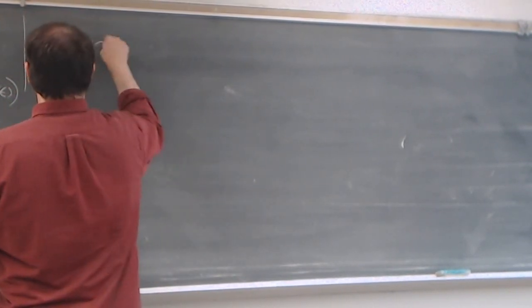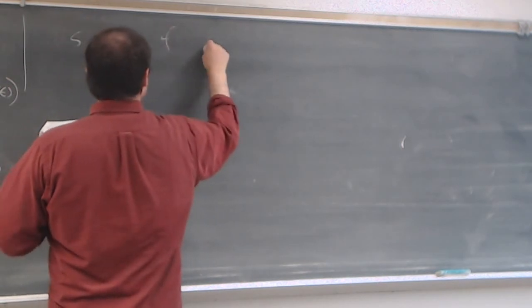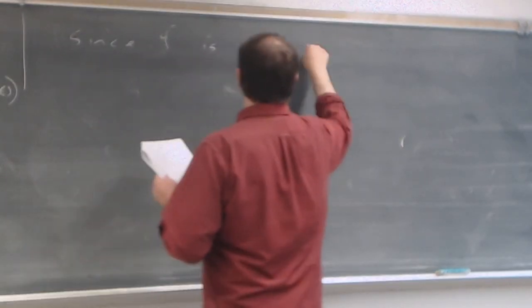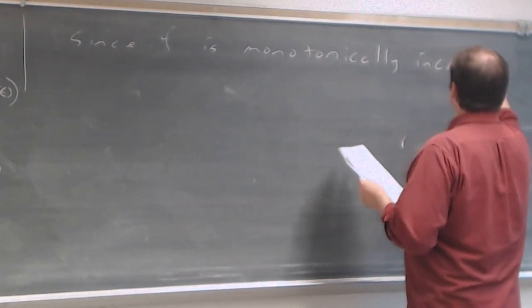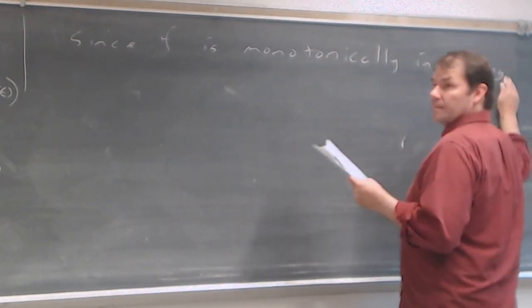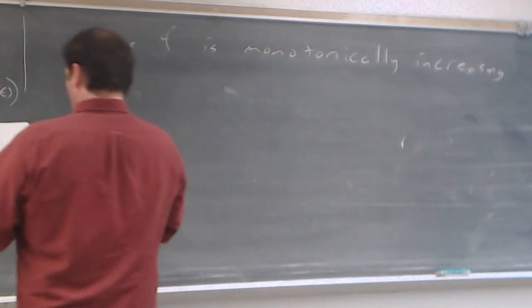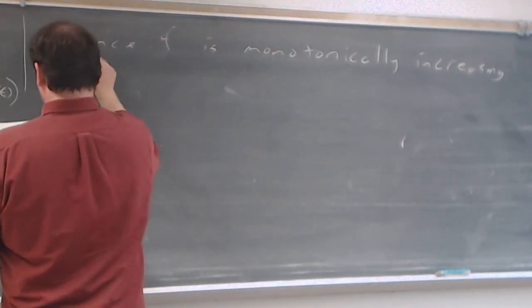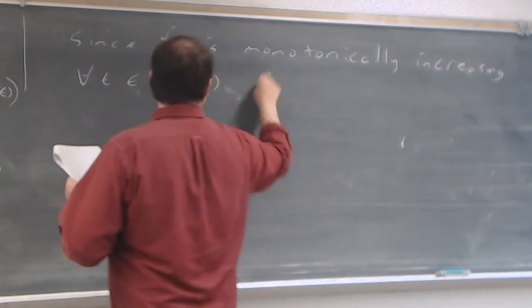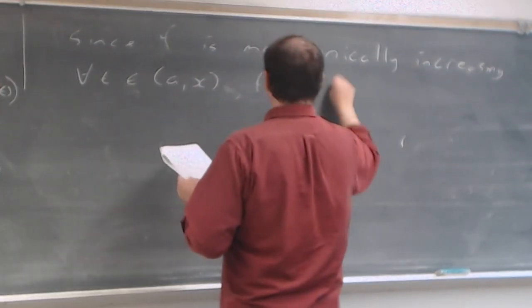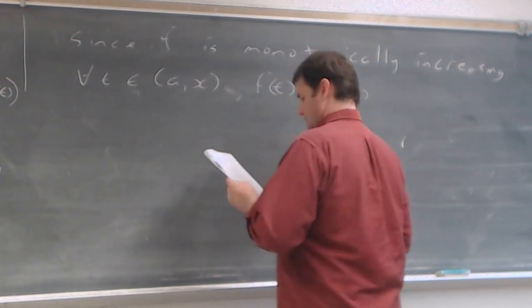Now, since f is monotonically increasing, then for every t element from a to x, f of t is going to be less than or equal to f of x.